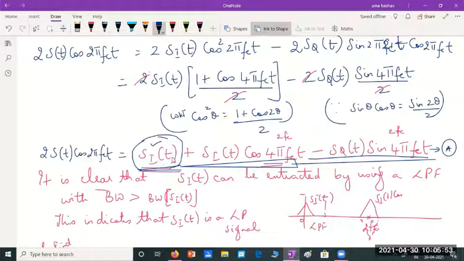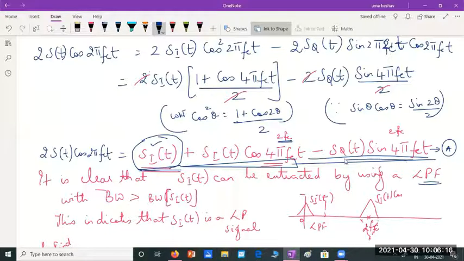Si. So you can clearly see Si is the basic low pass signal, so I can extract it using a low pass filter. It is not shifted to any part of the spectrum. But in the second term, the Si signal gets shifted to 2fc because it is multiplied with cos 4 pi fct.